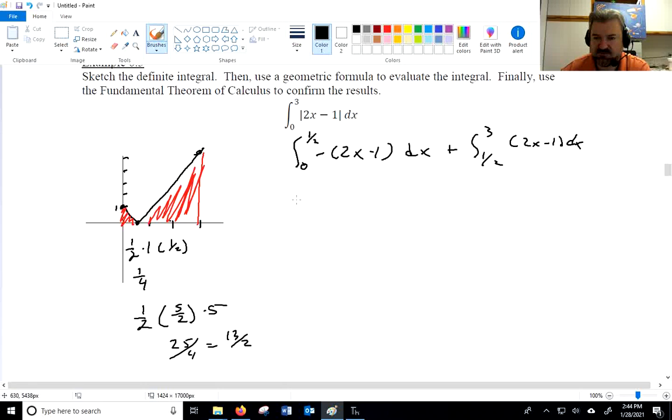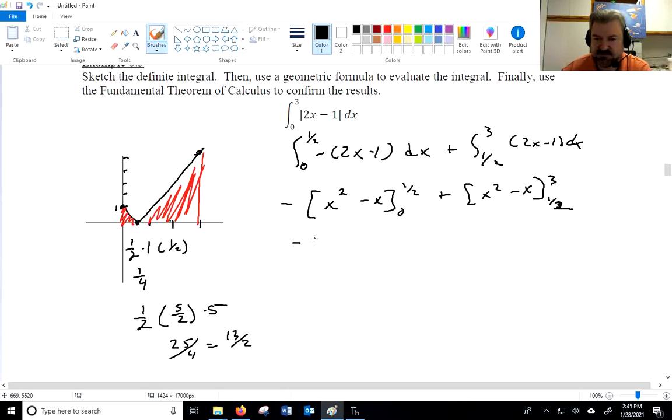All right, so this will just be negative of that integral. So I'll go ahead and pull it out, and we'll up the exponent by 1. We get x squared over 2 times 2 is x squared minus x. And we'll integrate from 0 to 1/2. Plus, over here, we'll get x squared over 2 times 2 is just x squared, and then minus x, which we'll be doing from 1/2 to 3.